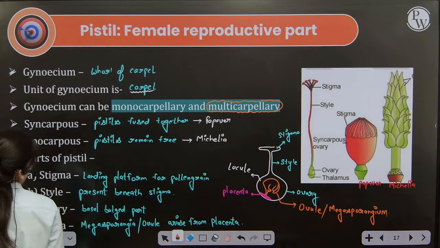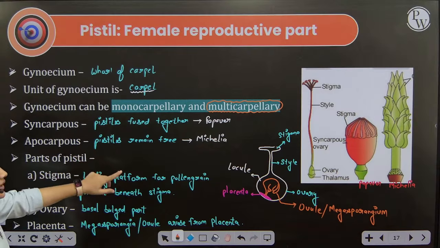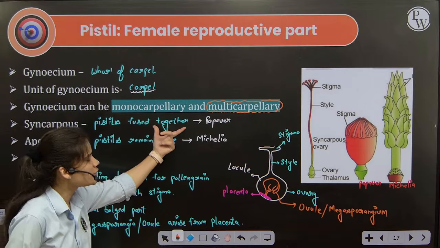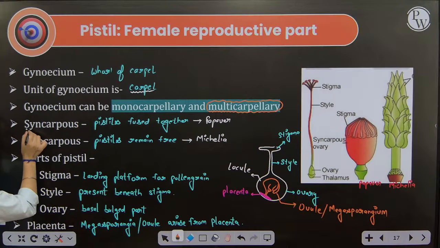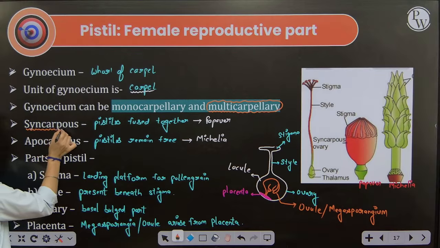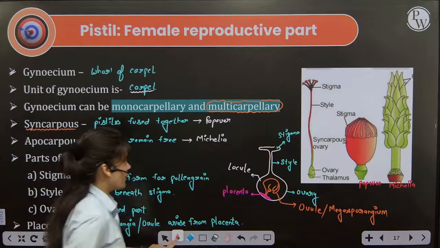They can be fused together or they can be free. If more than one carpel is present and these carpels are fused together, then that condition is known as syncarpous. Example of syncarpous condition is Papaver.